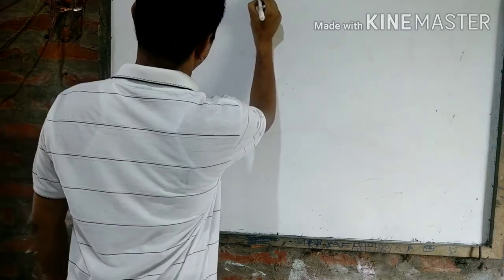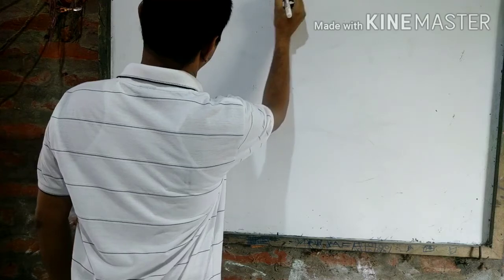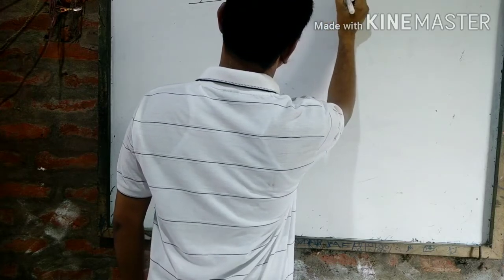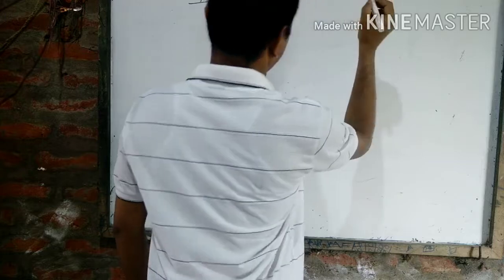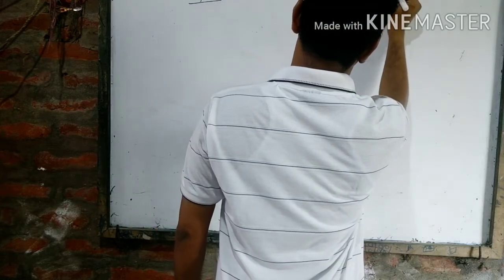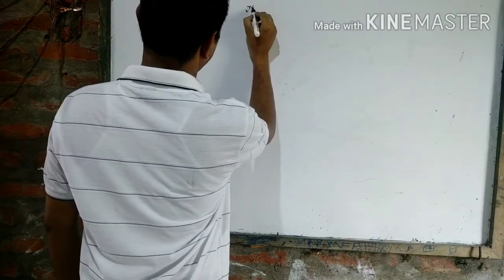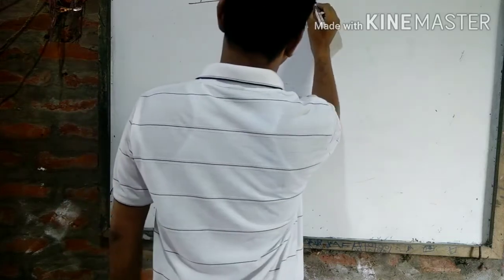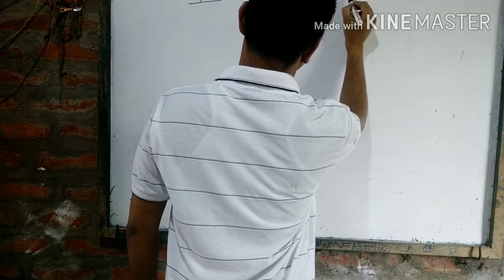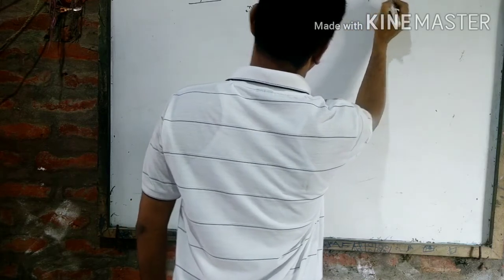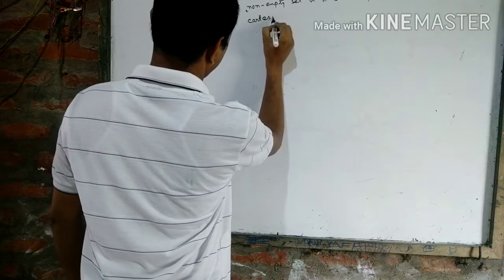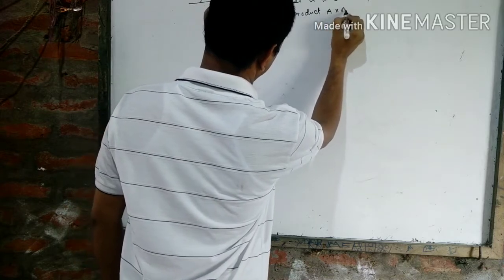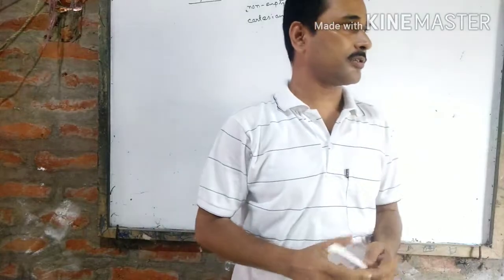A relation from a non-empty set A to a non-empty set B is a subset of the Cartesian product A cross B.